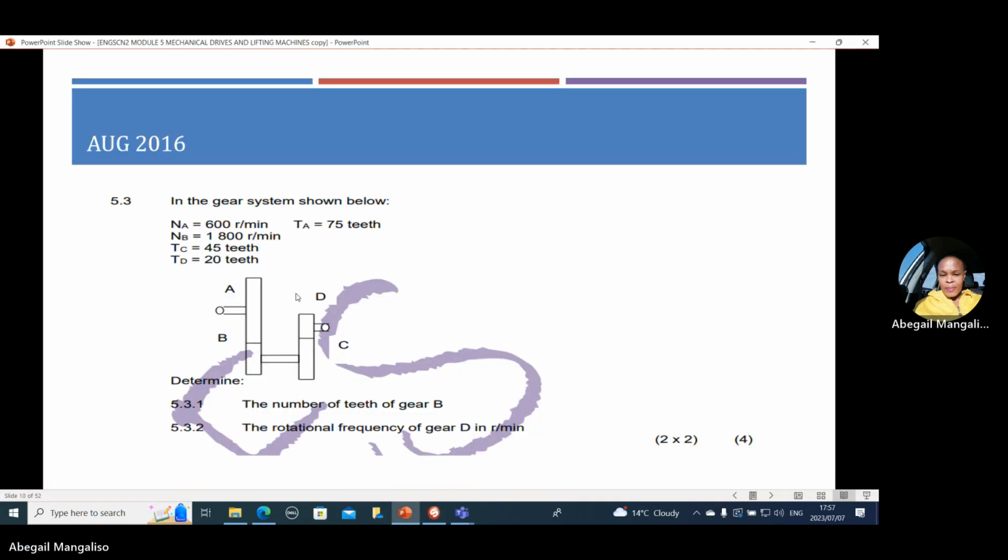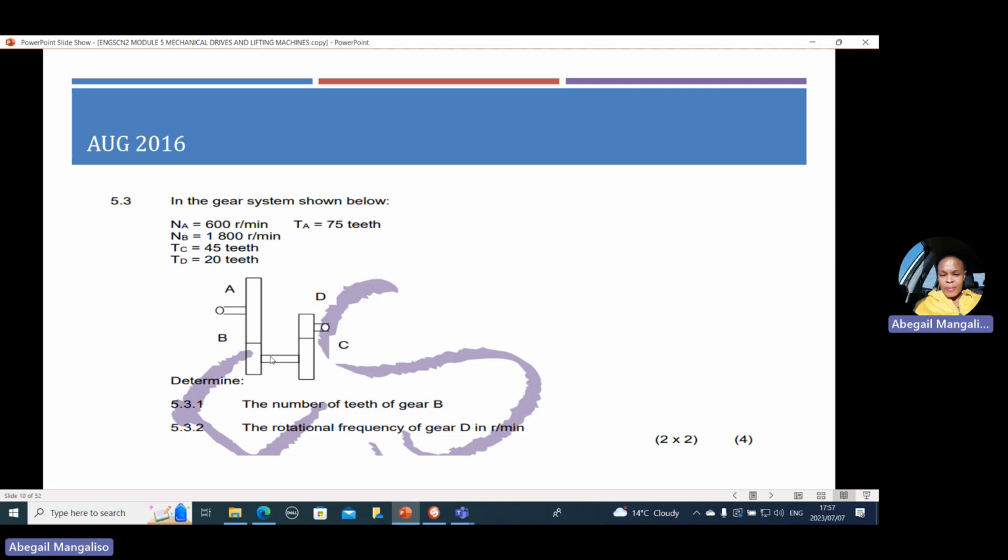Let's look at the second question. It says calculate the rotational frequency of gear D in revolutions per minute. D meshes with C, so it has a relationship with C. The formula will be NC/TC equal to ND/TD. You always use the gears that are in mesh.